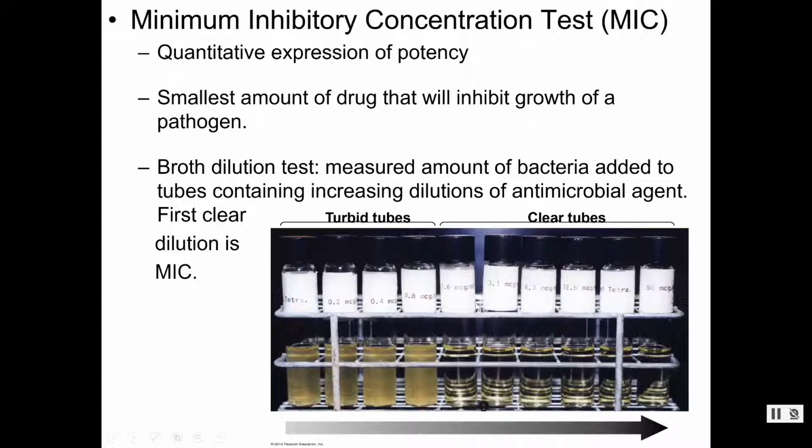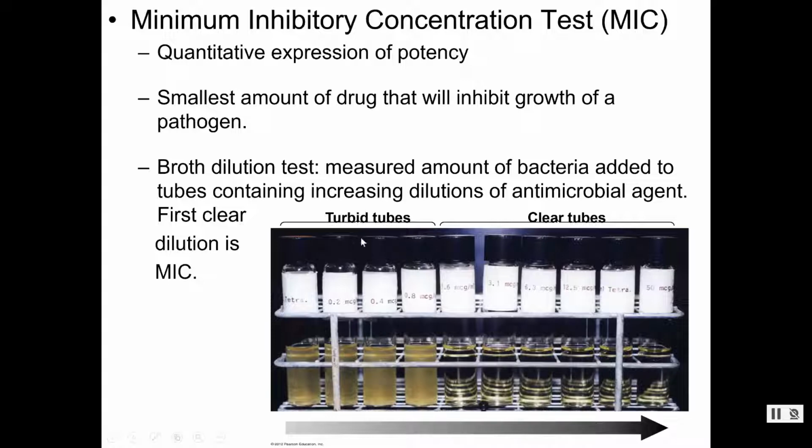This one is sufficient, this one is sufficient, and then when I halve it again, we can see now I got growth. So the minimum concentration that inhibited the growth is this last clear dilution, my minimum inhibitory concentration.